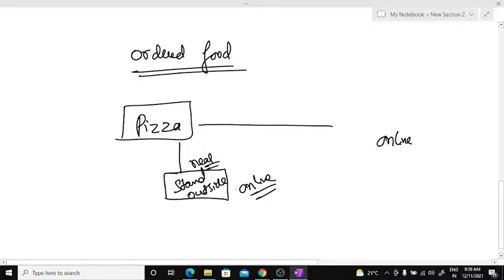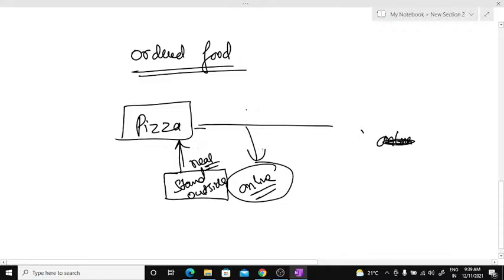And if you do it like that, it will take some time to deliver, like for online processing, they will accept the order and all. Okay, they will process it. Suppose you are near the pizza center, okay, so you can directly go and order.